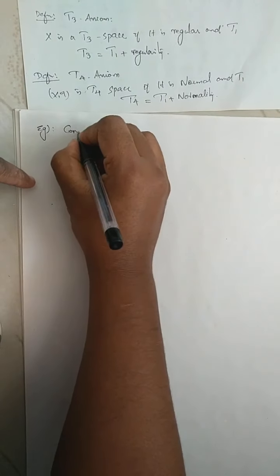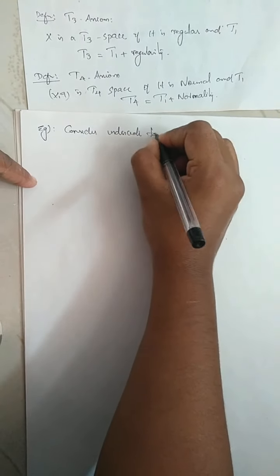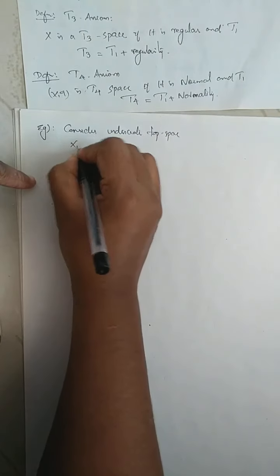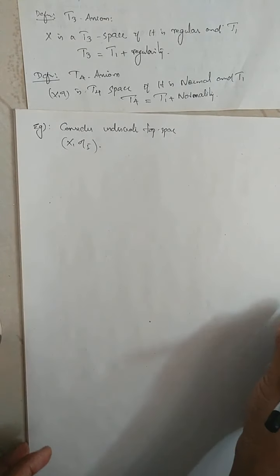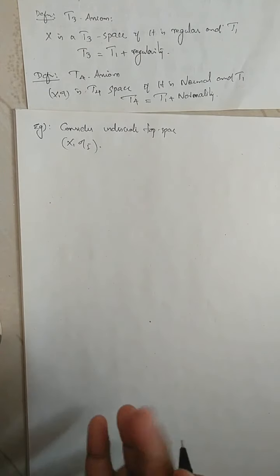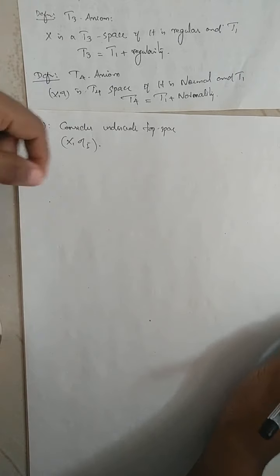For example, consider an indiscrete topological space. X together with the indiscrete topology τ_I. We discussed that this indiscrete topological space can't satisfy the separation axioms T0, T1 and T2. Now we will check whether it satisfies T3 or T4.